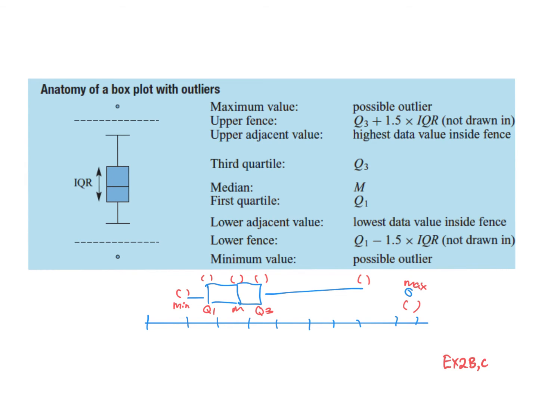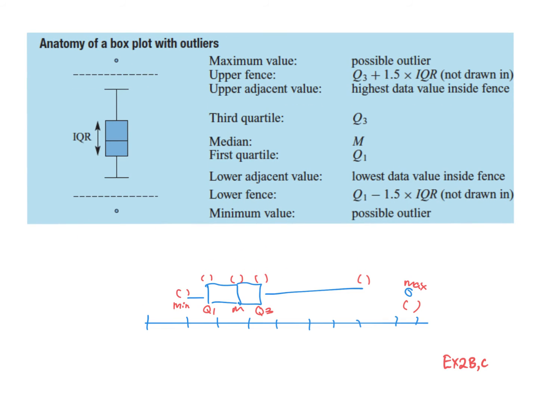Now we can have a parallel box plot, which means we might compare two things. So you might see another box plot using the same axes like this. And what we're going to look at today is how we interpret or compare those two when we've got two together.